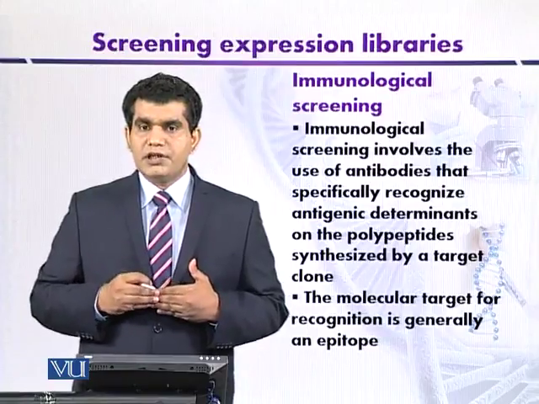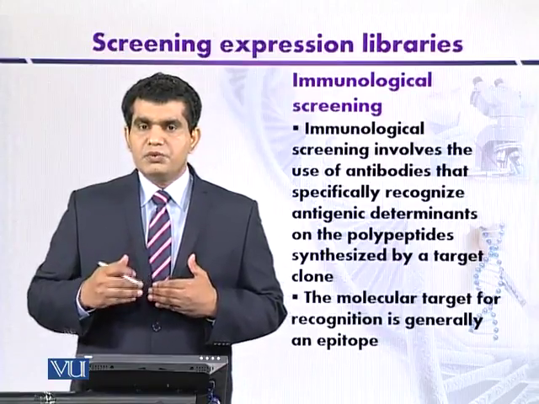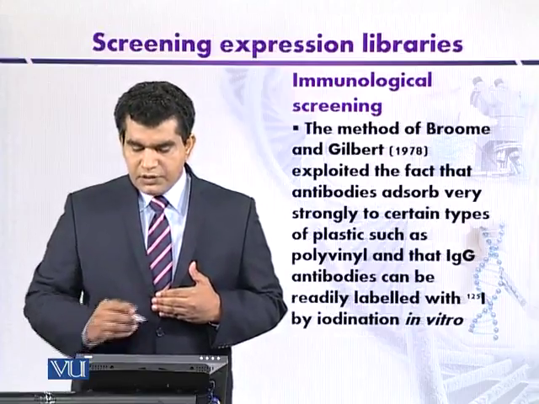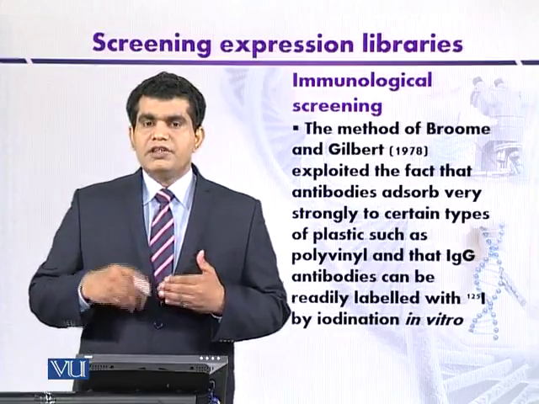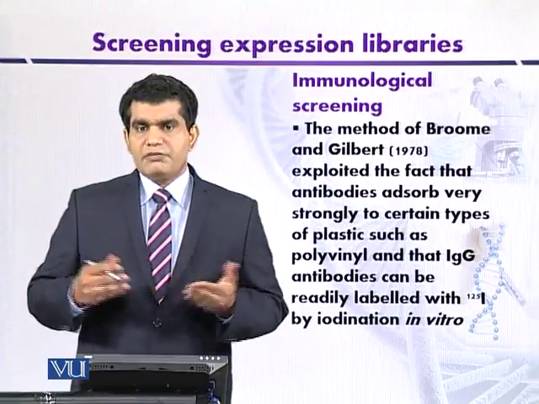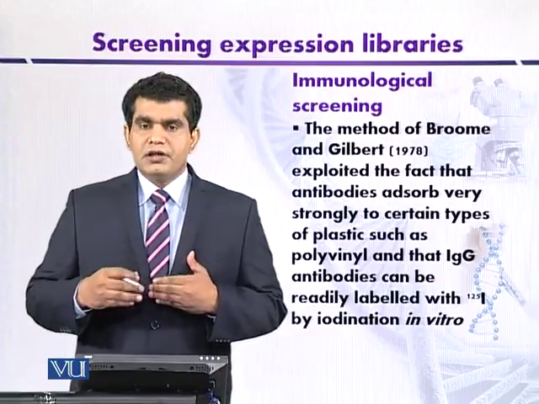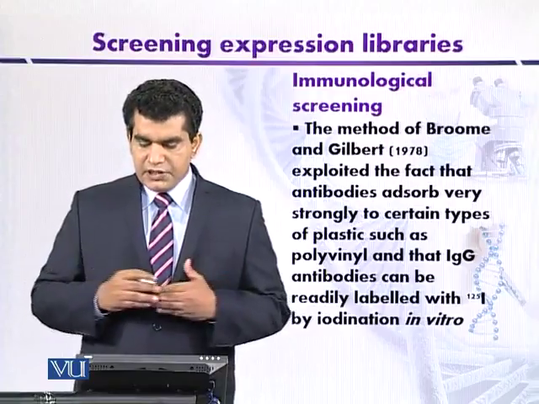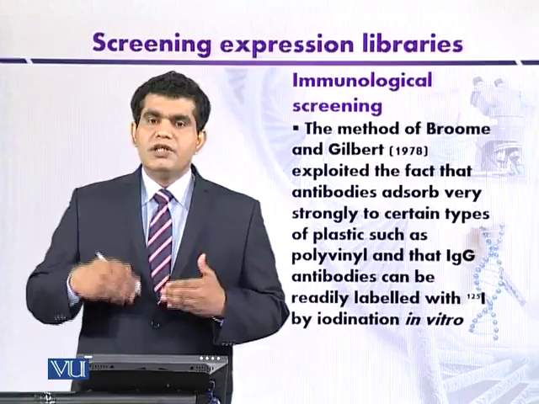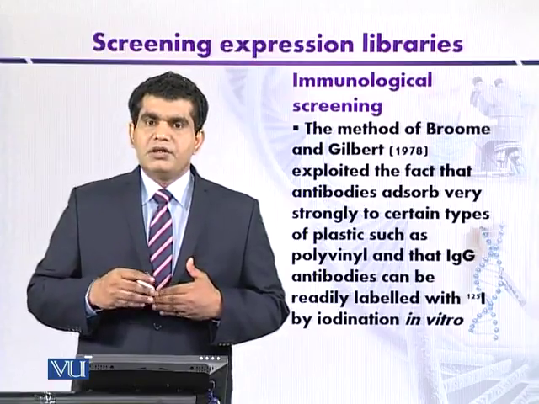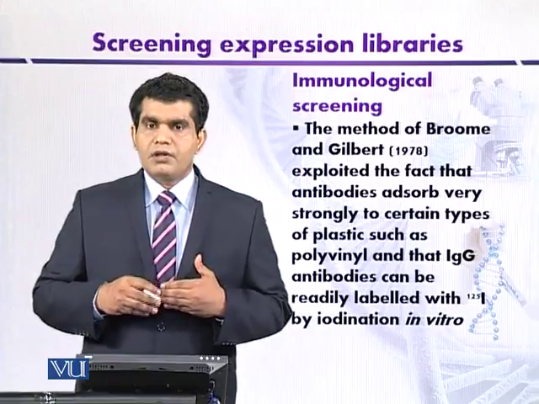So immunological techniques were used in the late 1970s to detect expressed product, and this method was mainly first used by scientists like Broome and Gilbert in 1978. They explained the immunological screening of the expressed protein product.